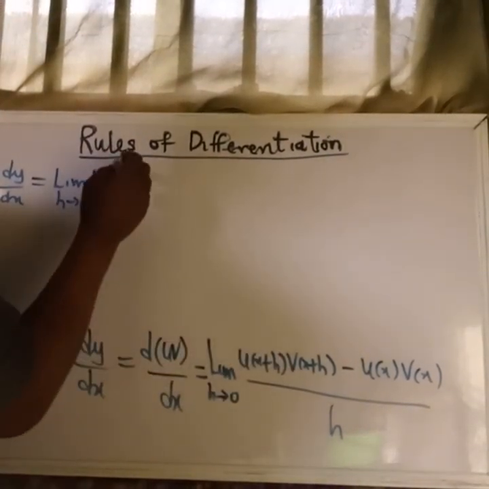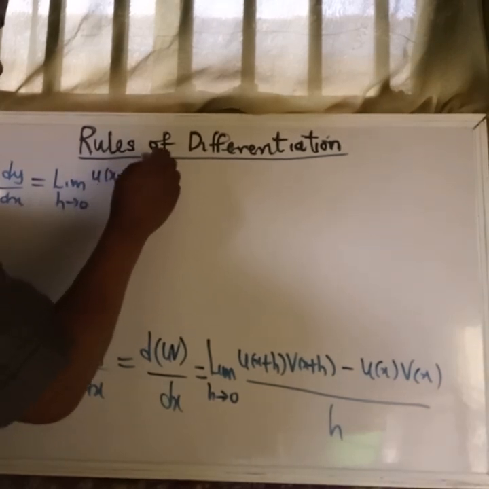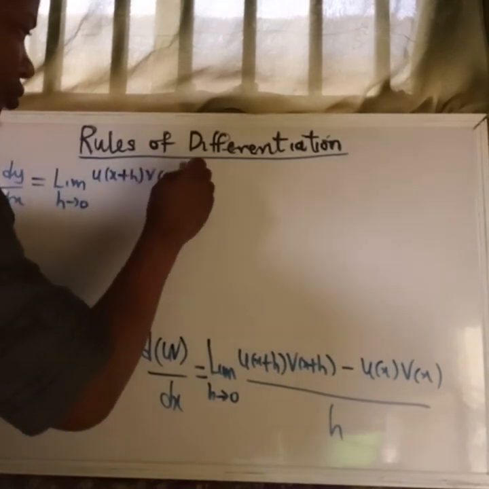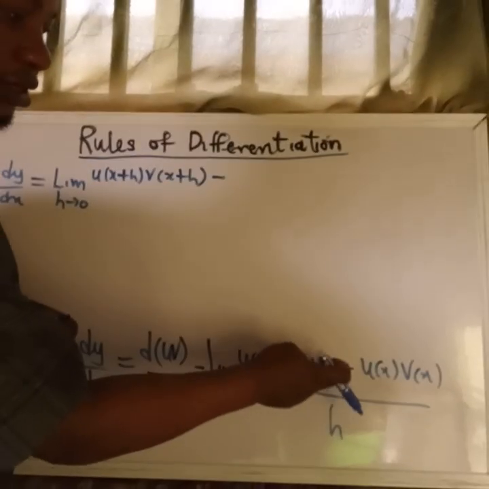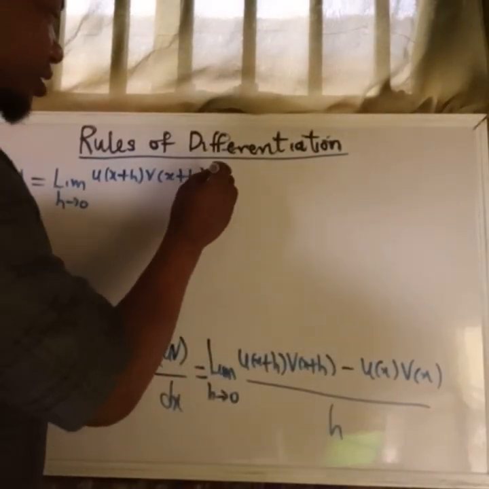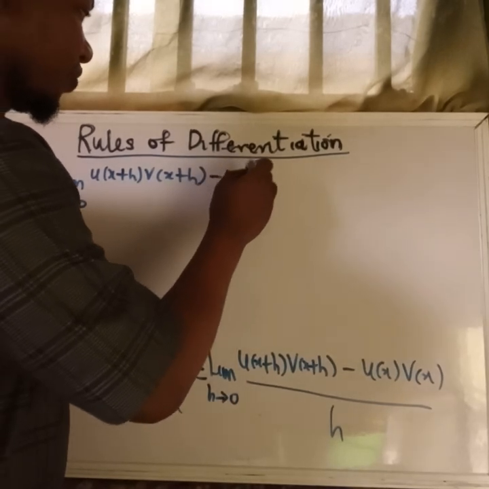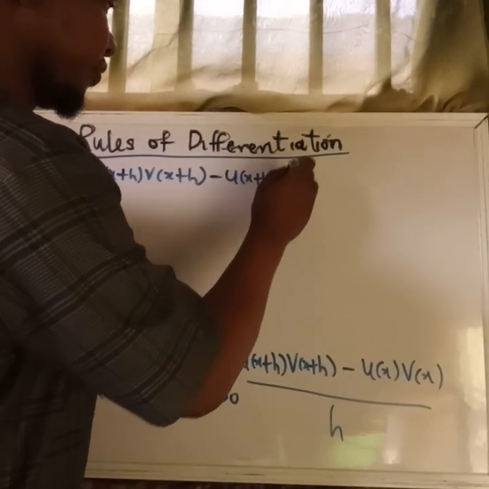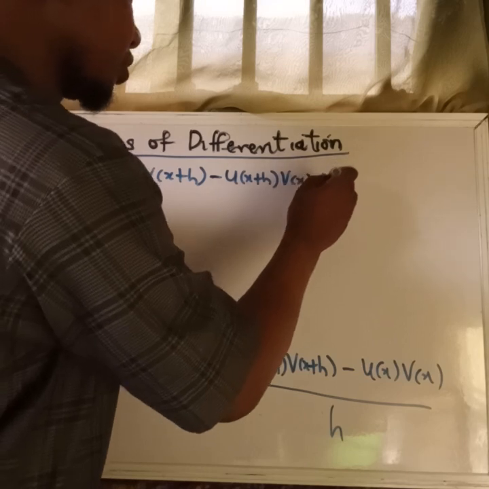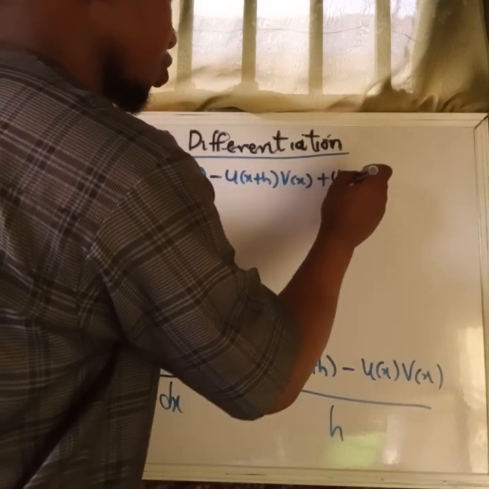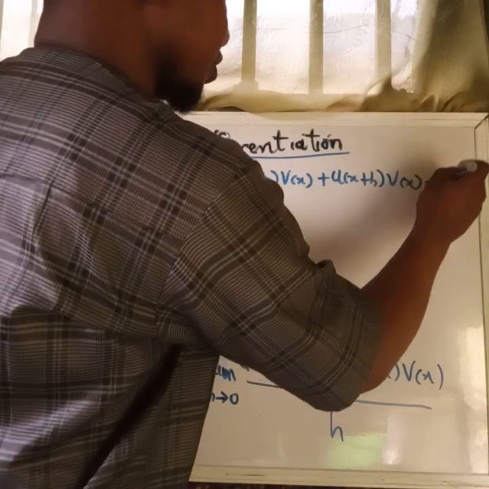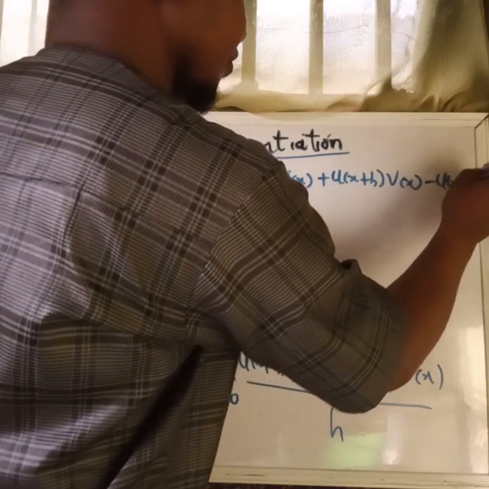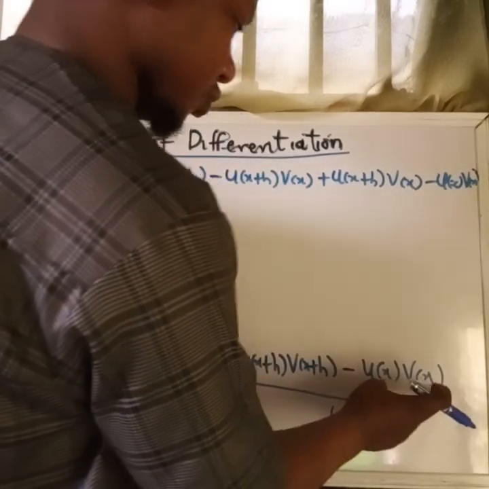We are lifting everything here up. Here I want to introduce a trivial term. The trivial term is u of x plus h times v of x, plus u of x plus h times v of x, minus u of x v of x.